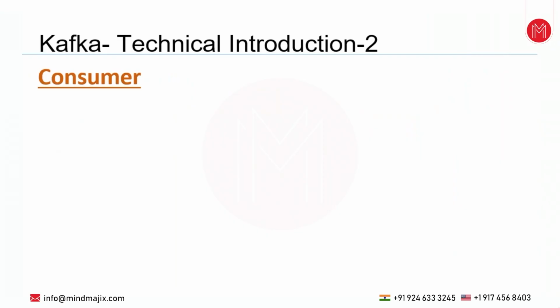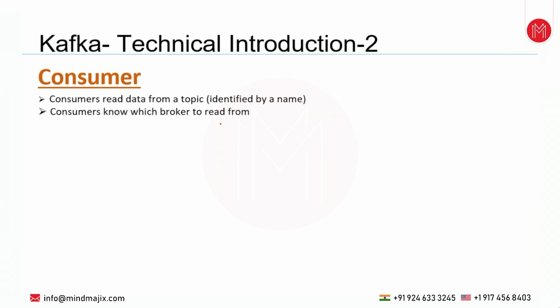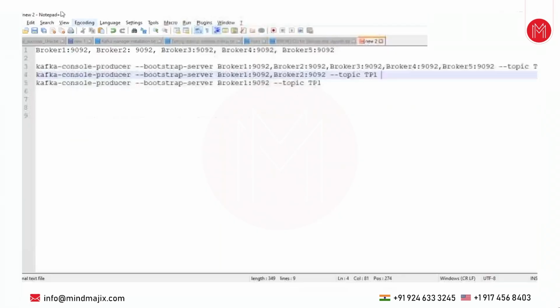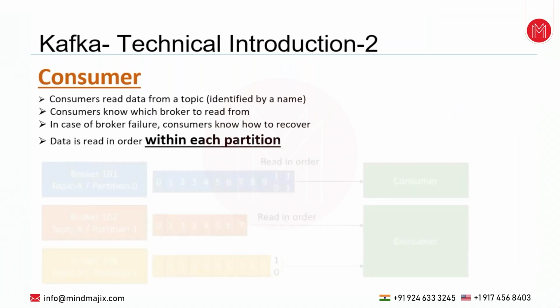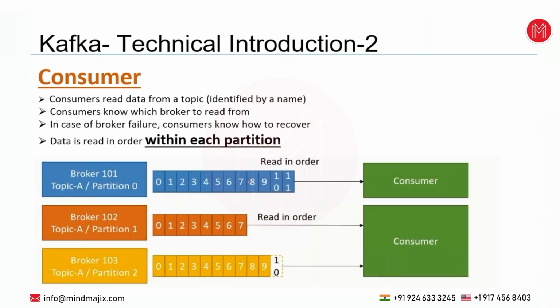Now let's talk about the consumer. A consumer reads the data from a topic, and the consumer knows which broker to read from. Data is read in order from each partition. For example, I have a 3-node Kafka cluster where the broker IDs are 101, 102, and 103.